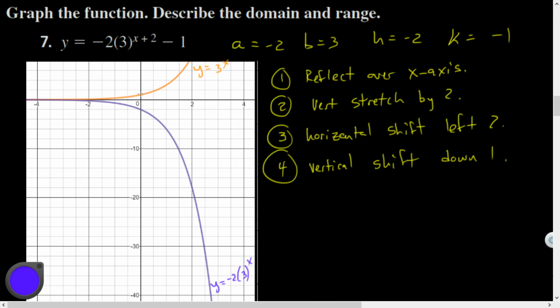Because you could see this point was flipped upside down and doubled. And yeah, I didn't even have those show up, but that's okay. This is the point. So this is 0, -2. This is 2, -18. What would 1 have been? 3 times -2, -6.